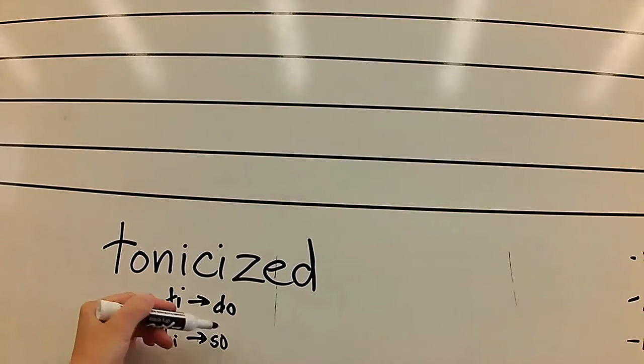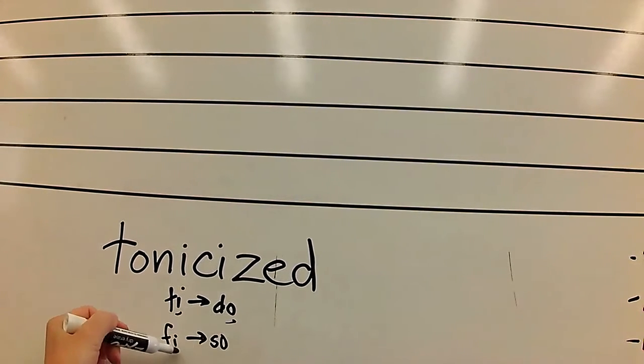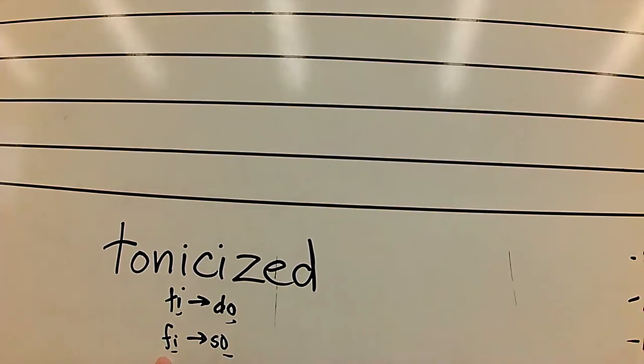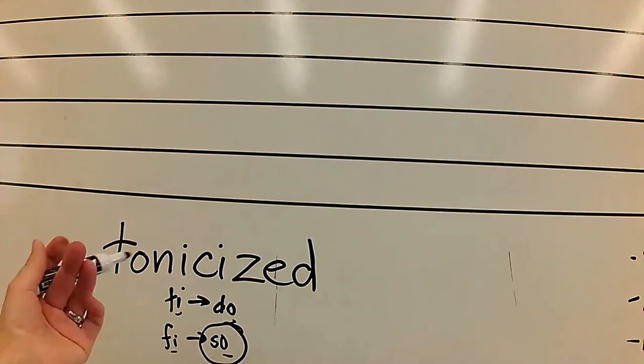And if you'll look, my vowels are the same here. This is a really common occurrence to see fi going to so. We are temporarily making so, whatever it is.